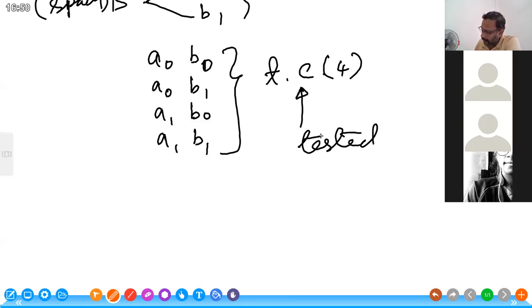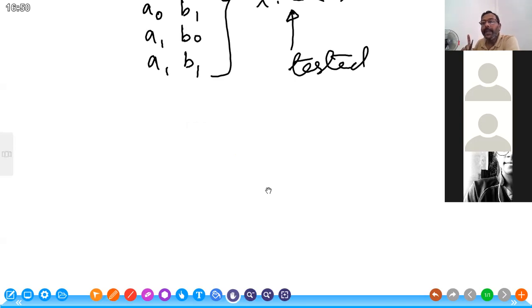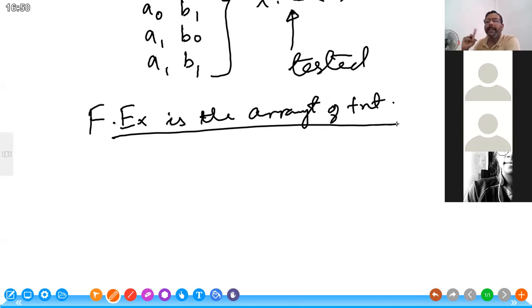So here, a factorial experiment is the arrangement of treatments. It is not the design. Some people are misusing the term; factorial is not a design.